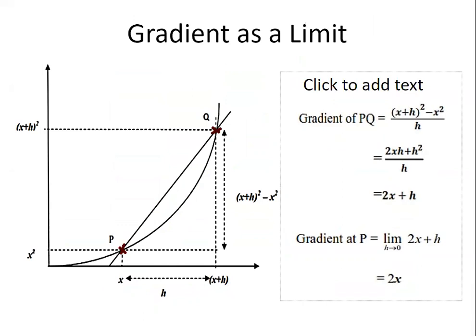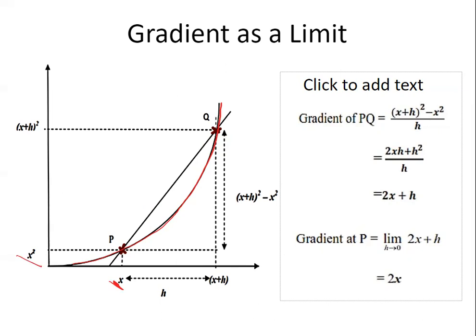This curve is the curve y equal x squared. And let's say we want to find the gradient of that curve at the point P, when the x coordinate is x. So the coordinates of P are (x, x squared).